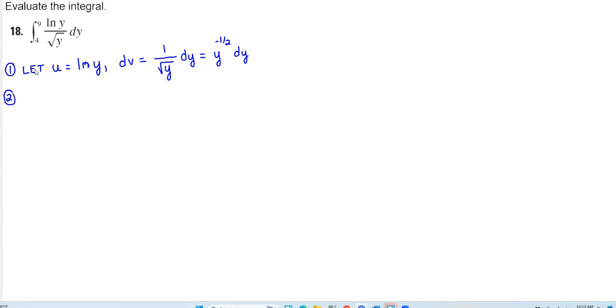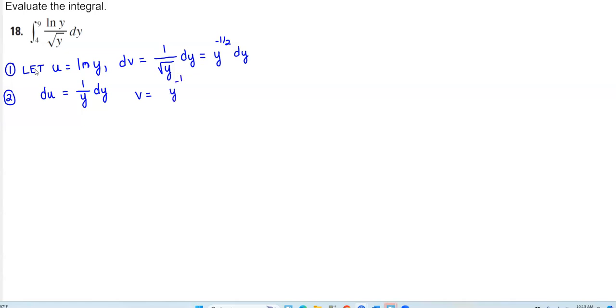So let's take the derivative of both sides with respect to y. So du is going to equal 1 over y dy. And then we want to find the antiderivative of y to the negative 1/2 power.